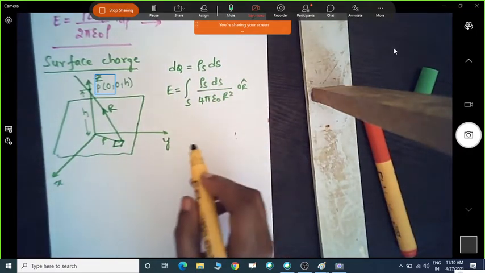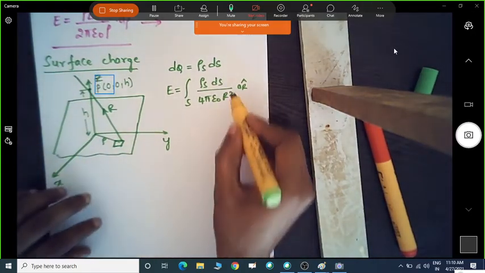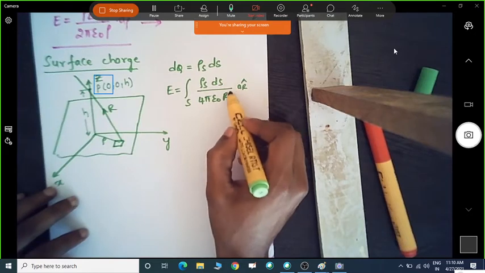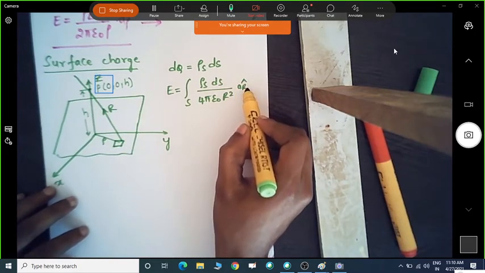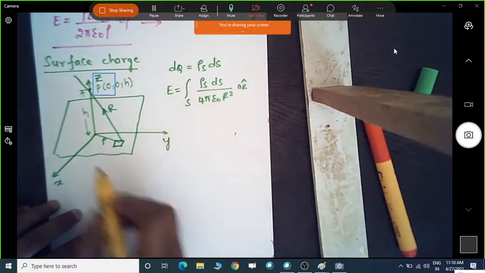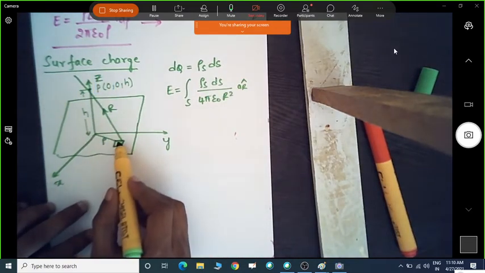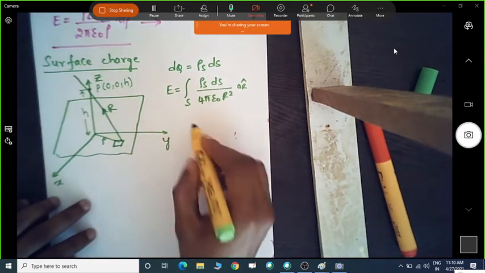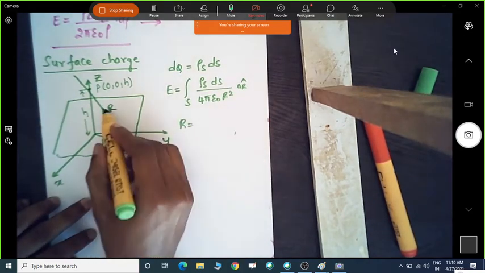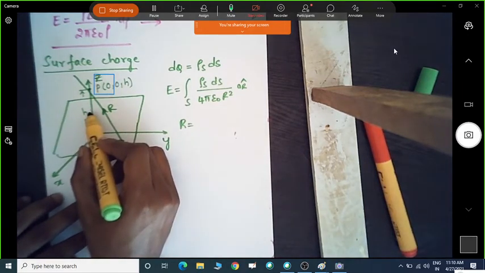So from this equation we need to evaluate r, the unit vector direction a_r, and the surface area. Just observe this triangle: the vector r can be written as the addition of the vector rho and the vector h.